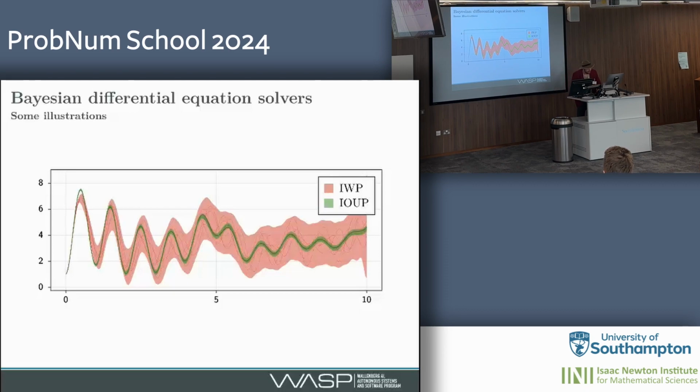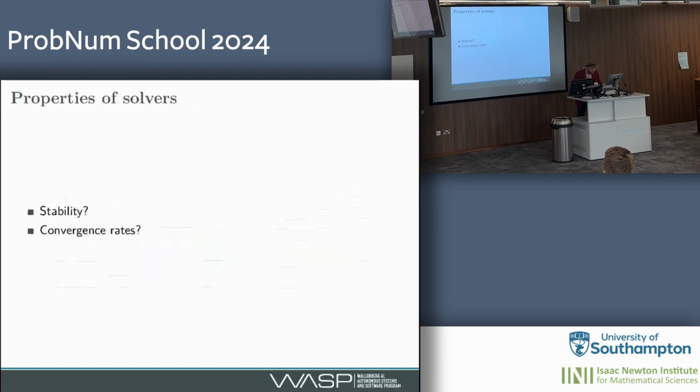Okay, maybe. We'll see. Now there are of course some theoretical properties of solvers that people typically care about in numerical analysis. One property is stability. We don't want our solver to just blow up for no reason whatsoever. That's a bad sign.